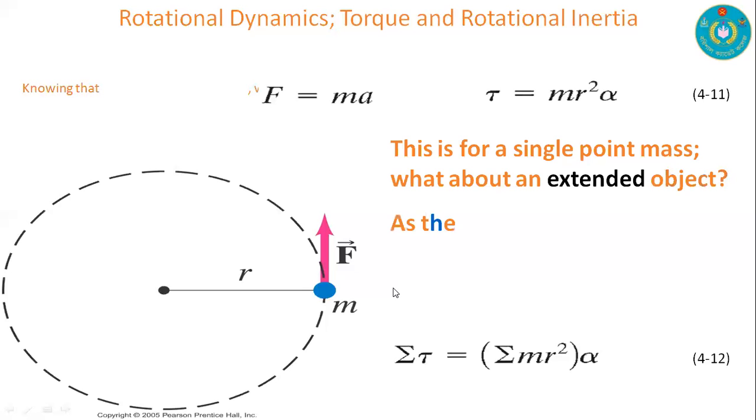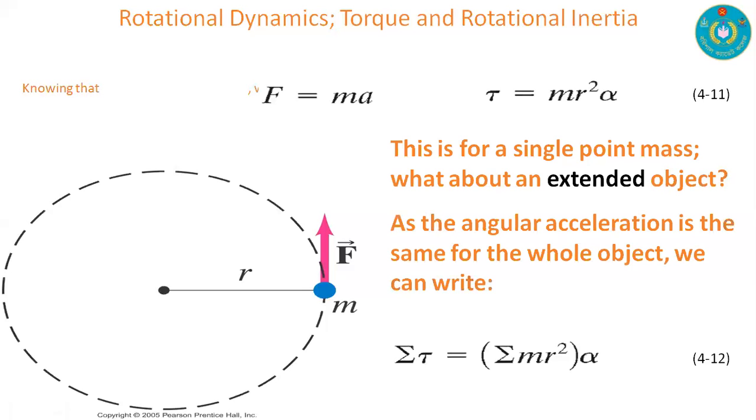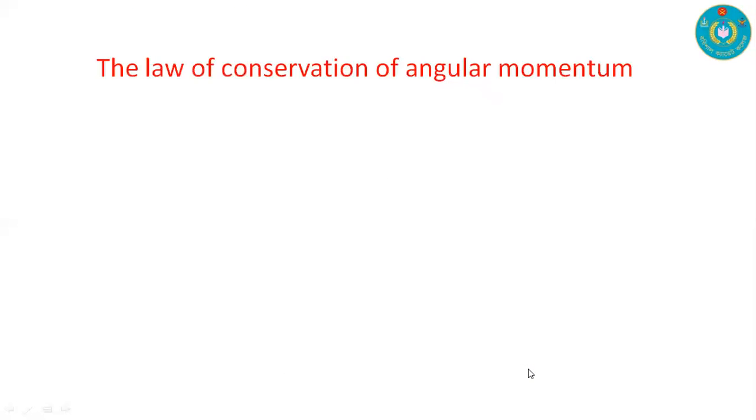This is for a single point mass. What about the extended object? As the angular acceleration is the same for the whole object, we can write the equation torque is equal to the summation of mr squared alpha for an extended object. For a point mass, torque is equal to mr squared alpha, and for an extended object, torque is equal to the summation of mr squared alpha.